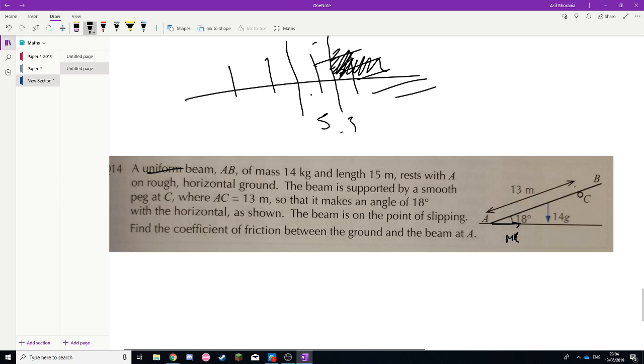Surely there's a reaction force there as well, I think. But maybe you can ignore it. If you take moments about there, we can just ignore that. But then there's a reaction force as well. What was the way to do this question? The beam is supported by a smooth peg at C. AC is 13. It makes an angle of 18. The beam is on the point of slipping.